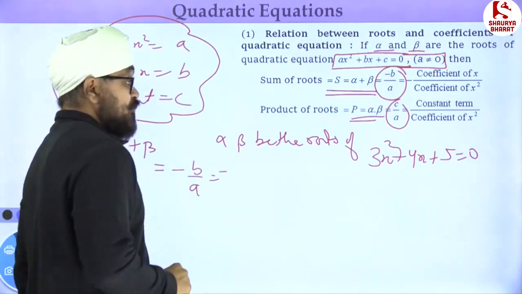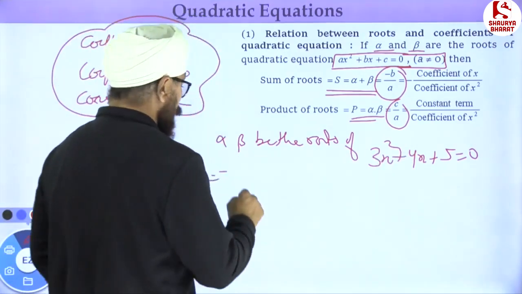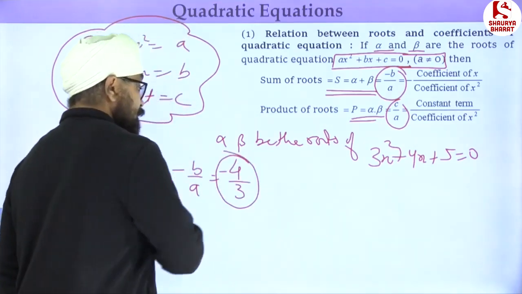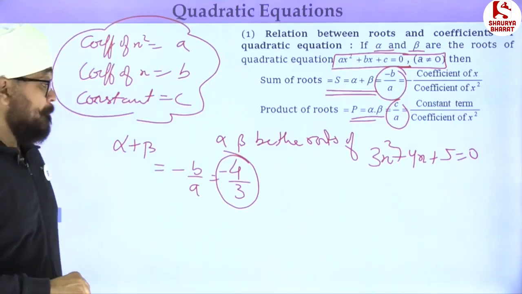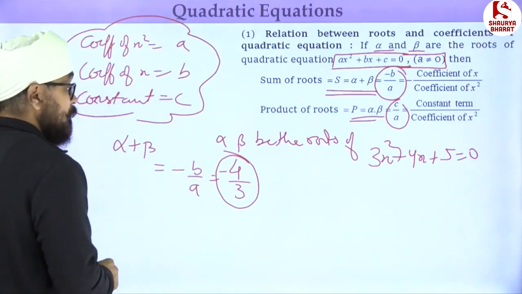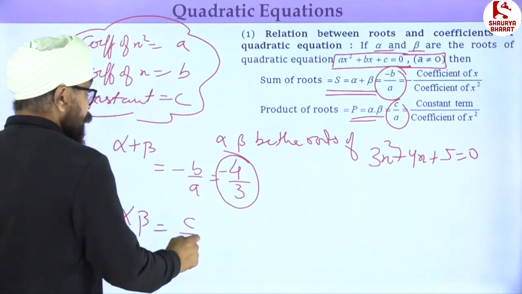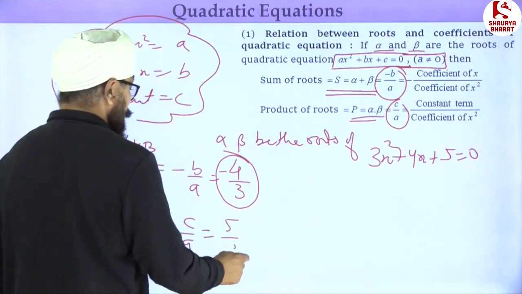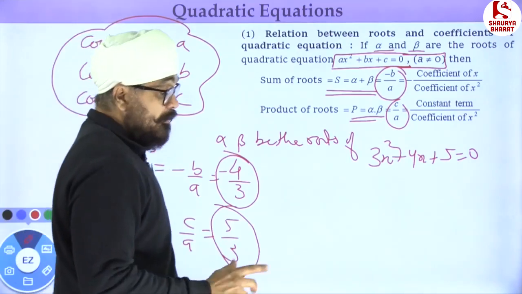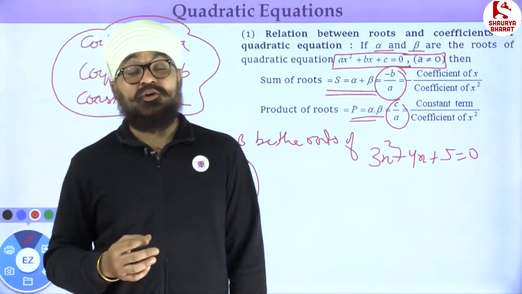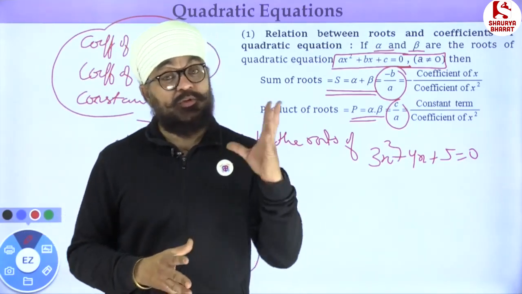Here b is 4 and a is 3, so the sum of the zeros would definitely be minus 4 upon 3. And alpha into beta is c upon a, which is 5 upon 3. So this is how we can relate the roots with the coefficients of the quadratic equation. So this is a very important result.